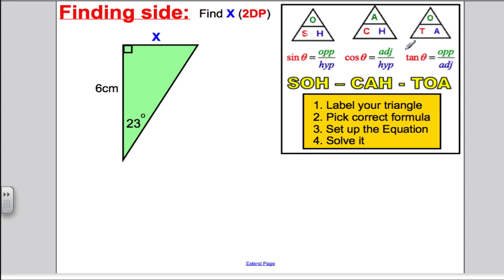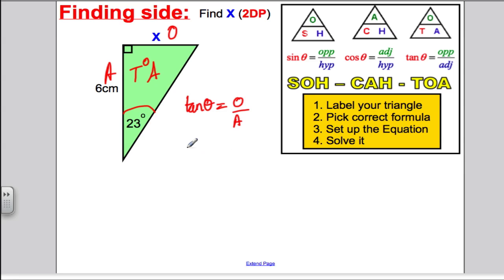We've done SO and CAT. We're going to move on to TOA, or the tan one. So, step one. Here's your angle. Label your triangle. This is opposite. This is beside the angle, so it's the adjacent. What of SO, CAT or TOA has O and A? Well, TOA, write it down. It means tan of the angle is opposite over adjacent.